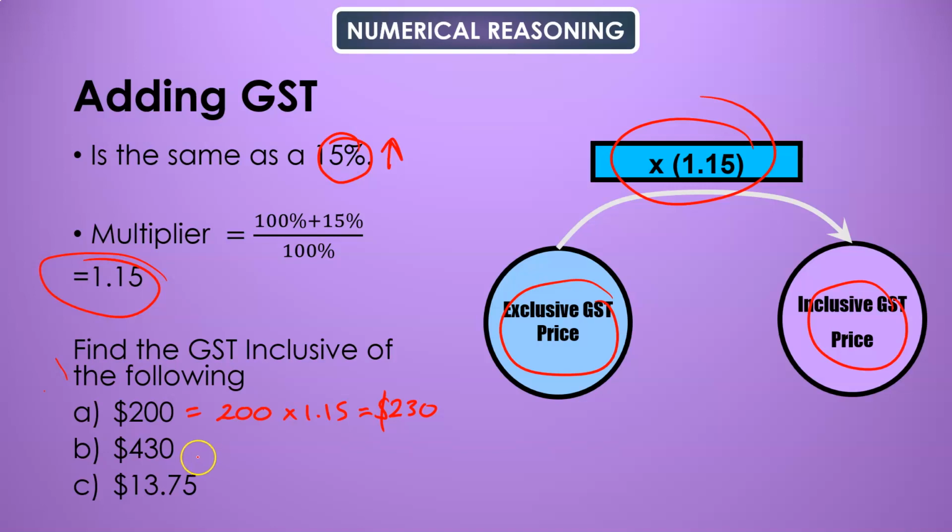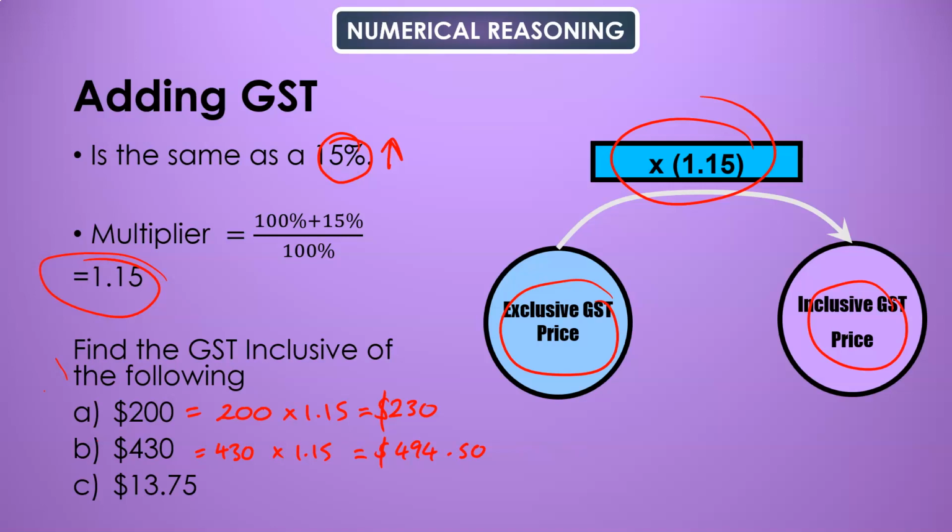The next one, 430 times 1.15, gives us 494.50.